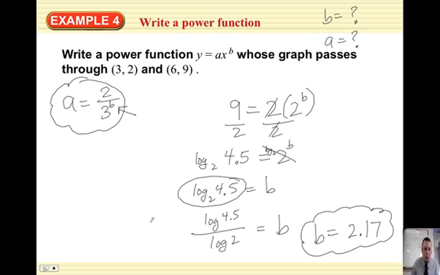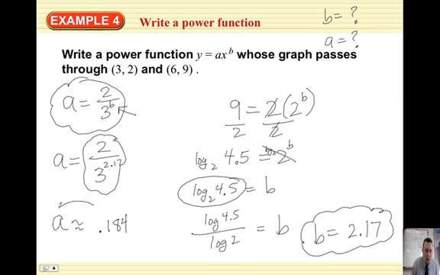So b is 2.17. In your calculator, just do 2 divided by 3 to the 2.17. Put that in your calculator. Get a decimal. And your decimal should be, if you try it out, about 0.184. This is your A value. So A should be about 0.184.